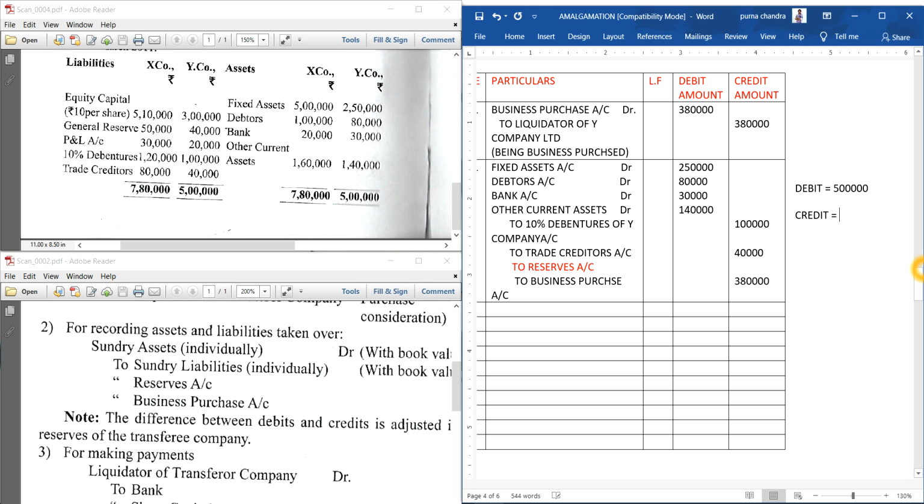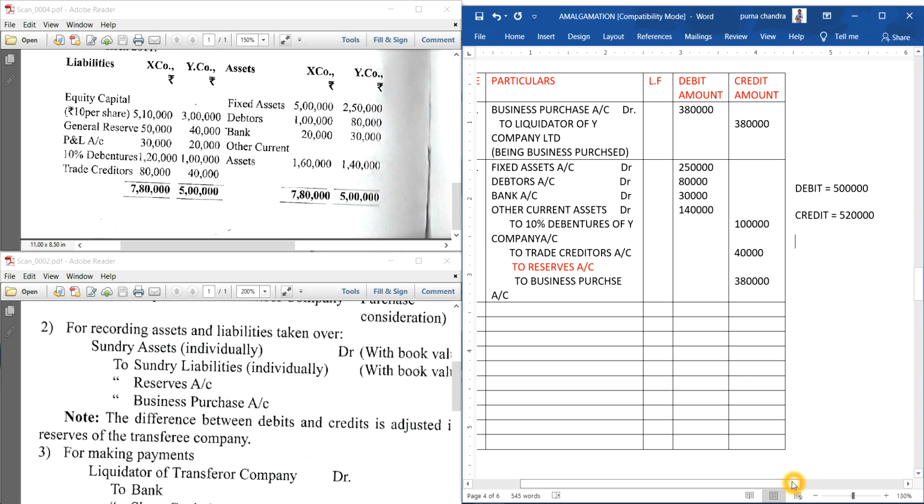Credit is equal to 5 lakh 20,000. Students, what is the meaning of this? 5 lakh worth of assets we have received, whereas we have paid 5 lakh 20,000 rupees. So we paid 20,000 rupees extra.